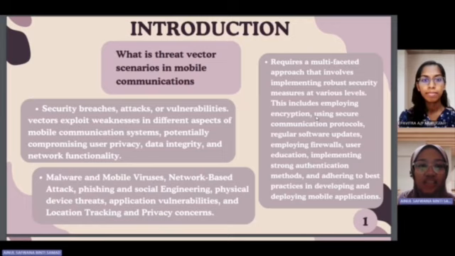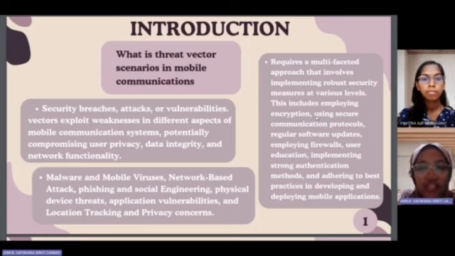And first, I want to present the introduction. Mobile communication has become an integral part of our daily life, enabling seamless connectivity and access to information. Threat vectors in mobile communication refer to the various avenues through which security breaches, attacks, or vulnerabilities can occur.